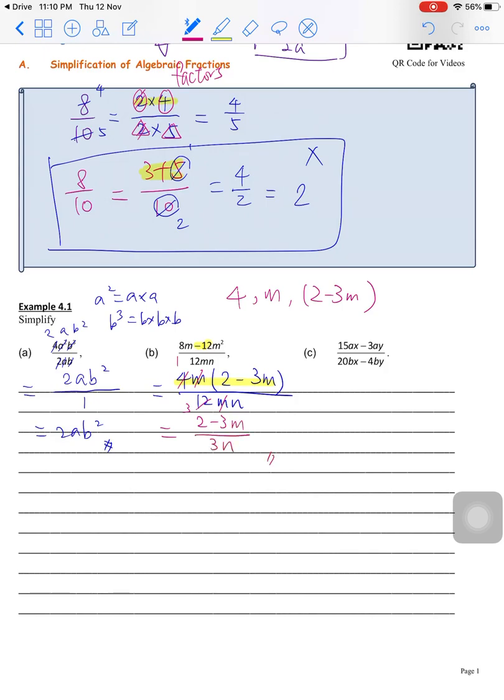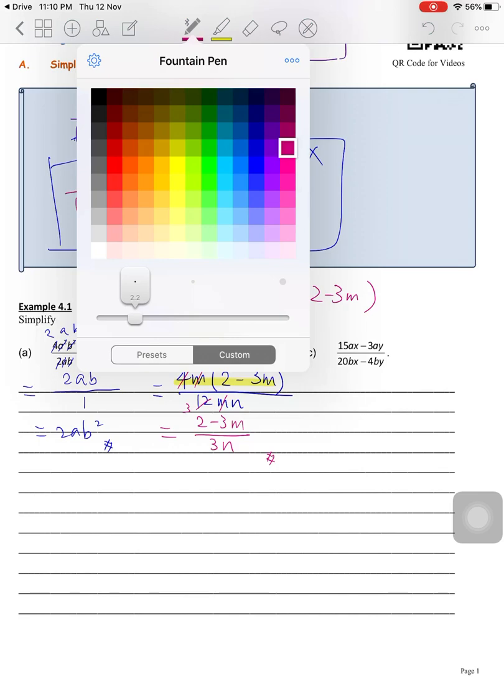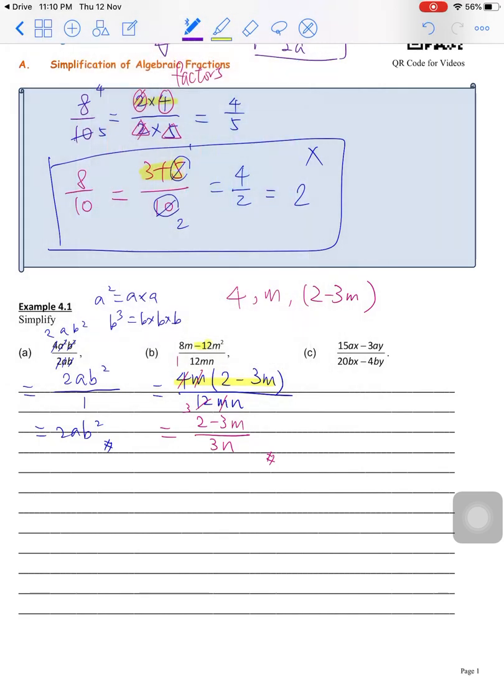So the final answer is 2 minus 3m over 3n. So this time the 3 here, you can't cancel it out. Because here you have the minus, the 3 is not a factor of the numerator. So that is the final answer.